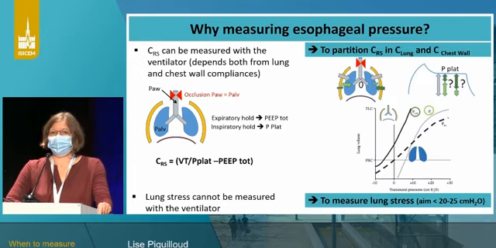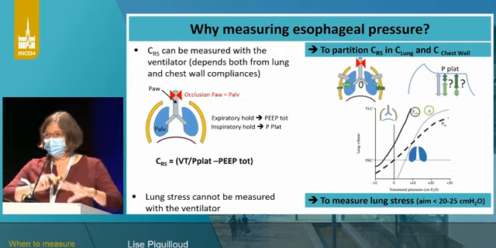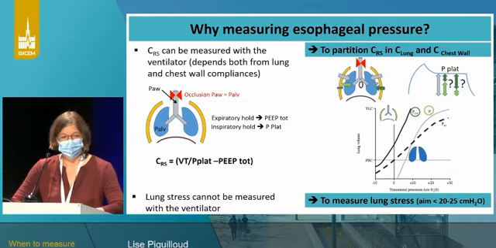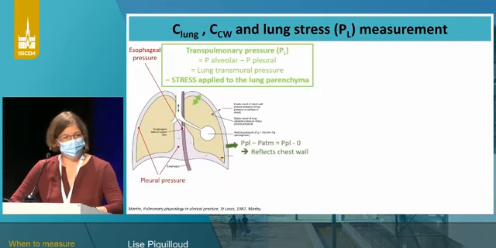If you put your esophageal balloon, you can partition the respiratory system compliance into lung compliance and chest wall compliance. And you can measure lung stress, and then target values that you consider safe.